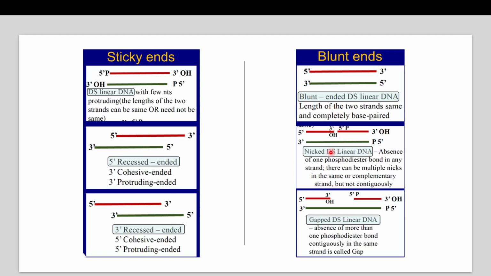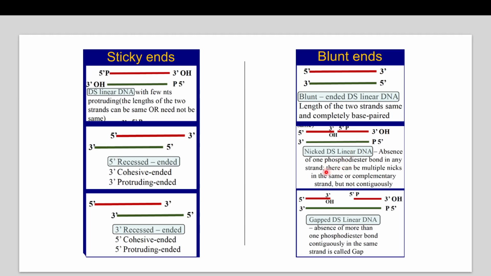Now, there are two terms we have to be careful while using: one is a nick, N-I-C-K, or a gap. When do we say that DNA is nicked? When there is absence of one phosphodiester bond in any one of the strands, then we say that it is a nicked double-stranded linear DNA.